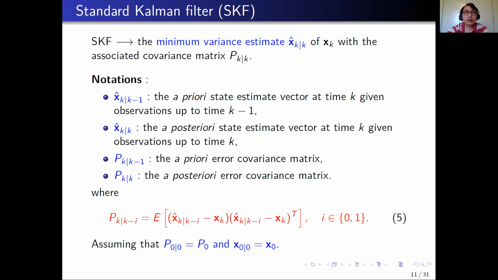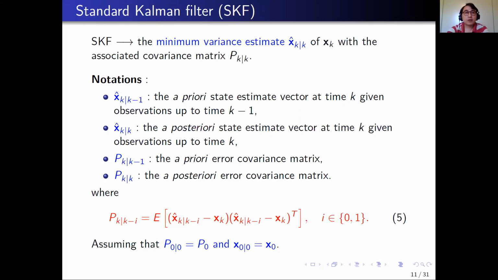The notation x hat k|k-1 denotes the a priori state estimate vector at time k given observations up to time k minus 1, x hat k|k the a posteriori state estimate vector at time k given observations up to time k, P_k|k-1 the a priori error covariance matrix, and P_k|k the a posteriori error covariance matrix.